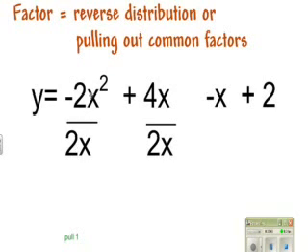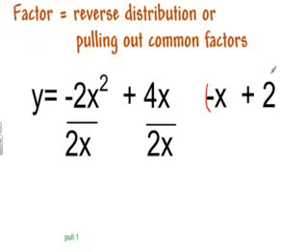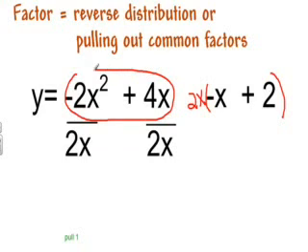See that? Take out 2x. That's going to leave us a negative x. Divide out a 2x. That's going to leave us a 2. But we can't just throw those 2x's away. And again, if you distribute these, we would be going backwards and get our original terms back.